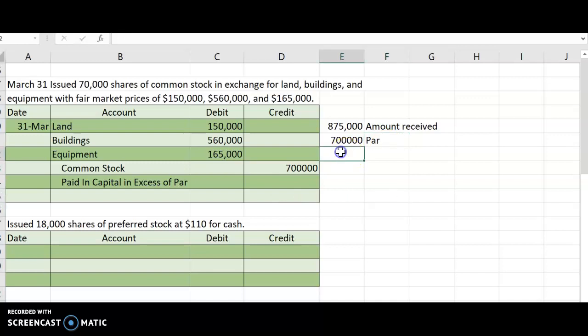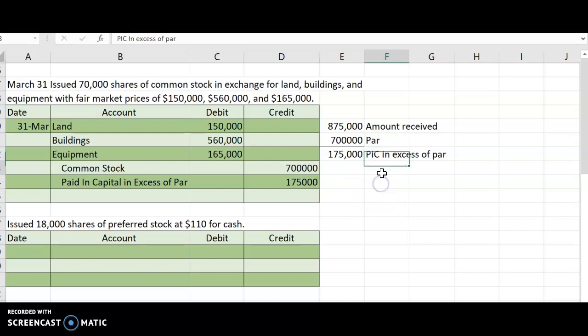So let's look at the amount of excess of par. The amount of excess in par is $175,000. So we need to enter $175,000 in our journal entry. And you'll see this a lot. Instead of writing out paid in capital, you'll just see PIC.